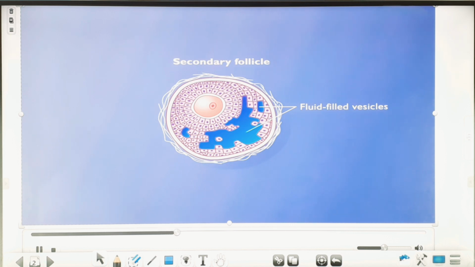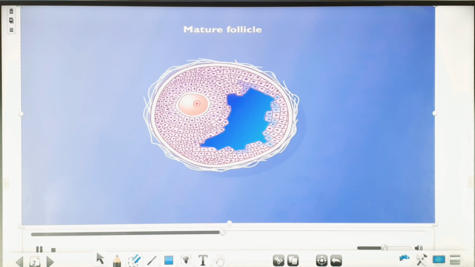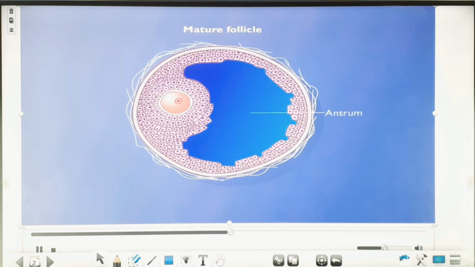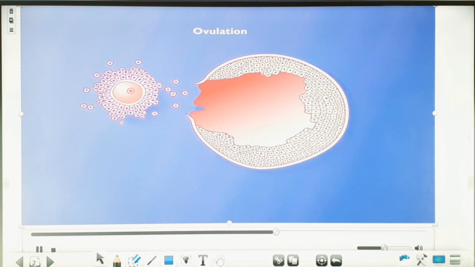Then the theca, such as outer theca externa and inner theca interna, and you can see the fluid filled cavity starts to develop. In the mature follicle or Graafian follicle, you can see the fully formed antrum, that is a fluid filled cavity, and this primary oocyte is covered by a cumulus mass of tissue, and it is released by the rupturing of Graafian follicle along with a mass of cells which is known as corona radiata.